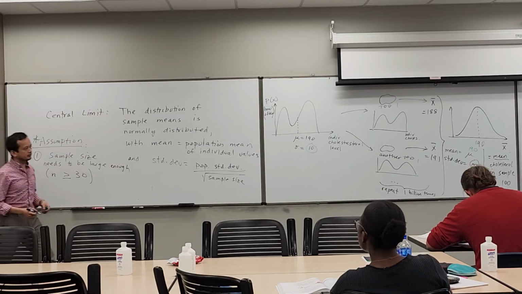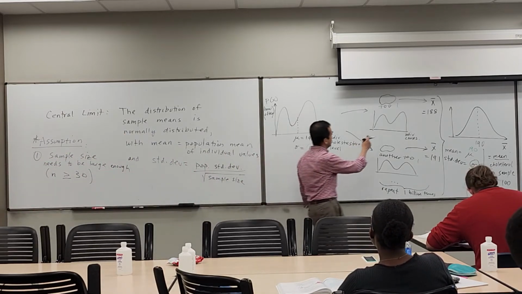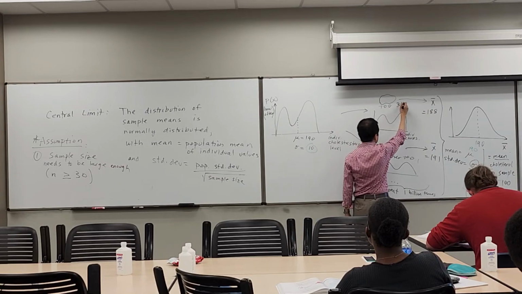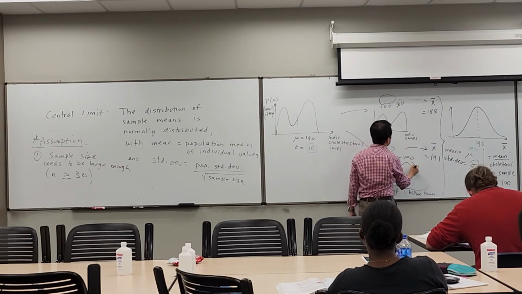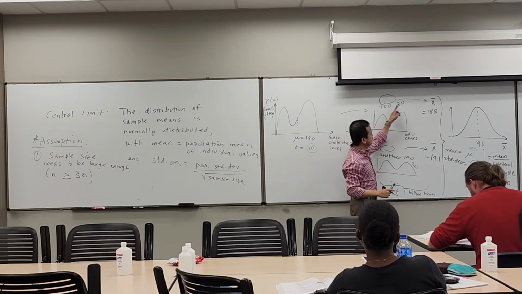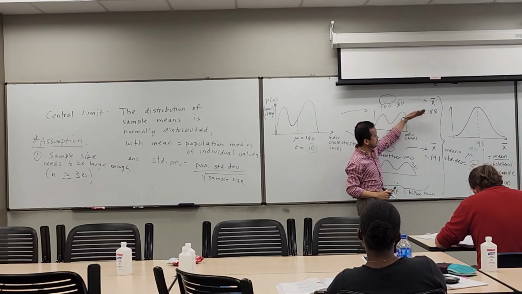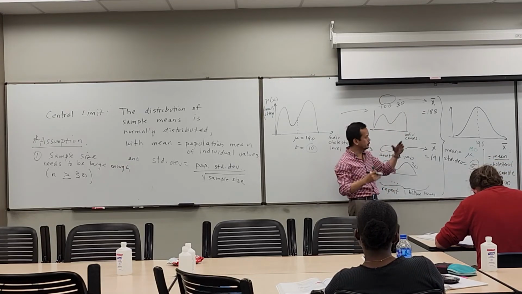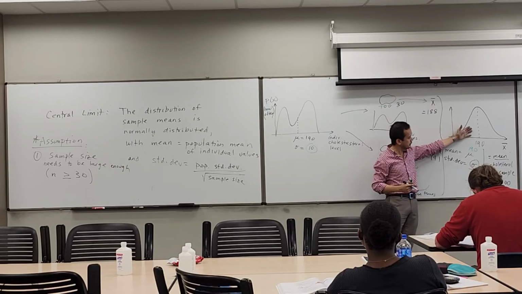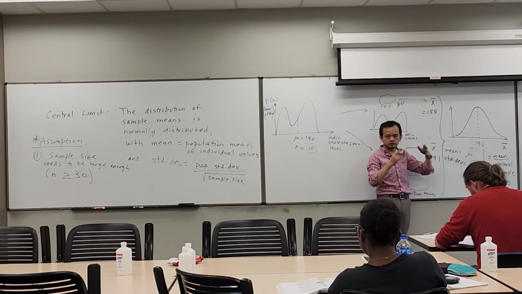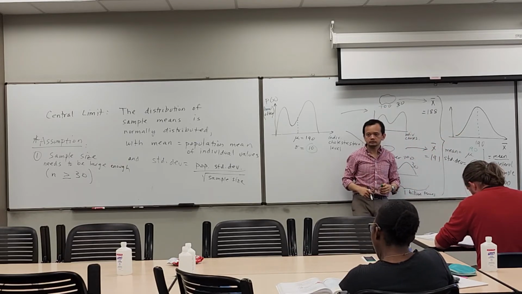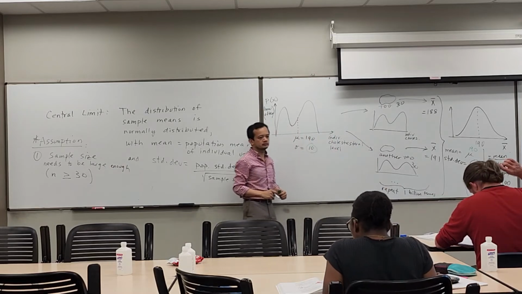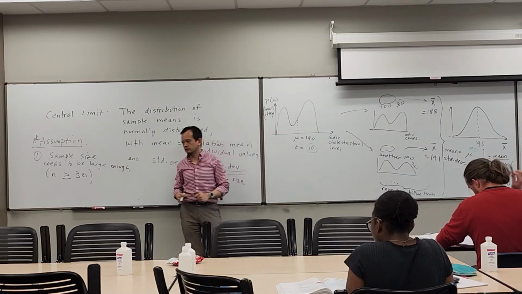So you have a sample size that's at least 30 people here. Then if you were to take the average of each of the samples of size 30, that creates enough of a smoothing effect so that when you go to plot the distribution of the sample means, you'll end up with a bell curve. Any questions?